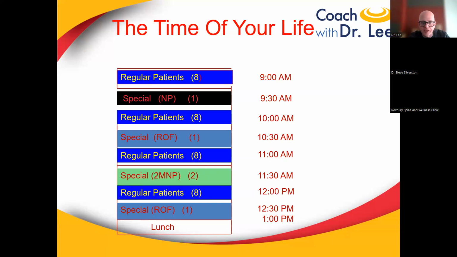I'm a big fan of seeing patients through till 1 and then taking lunch 1 to 2:30 or 1 to 3. In this case, we have room for 8, 16, 24, 32 regulars, and then 5 specials. So 38 total visits in the morning.